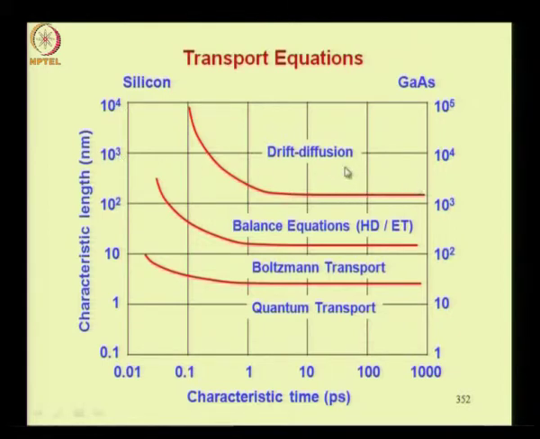So here the transition from drift diffusion to balance equations sets in for even larger devices, right, for gallium arsenide. So even for larger size gallium arsenide devices one will have to use balance equations, because velocity overshoot, velocity saturation, all those effects will be strong.